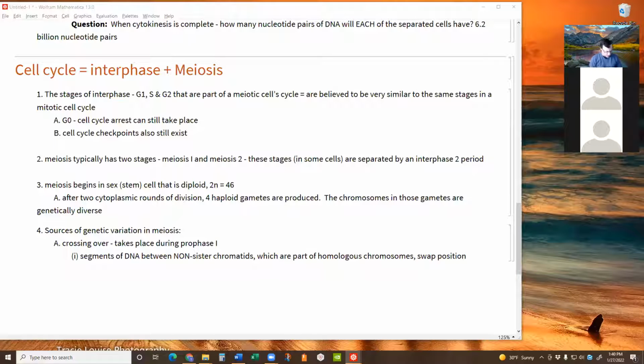Okay, next question. Are sister chromatids genetically identical in a G2 cell that will enter into meiosis 1?